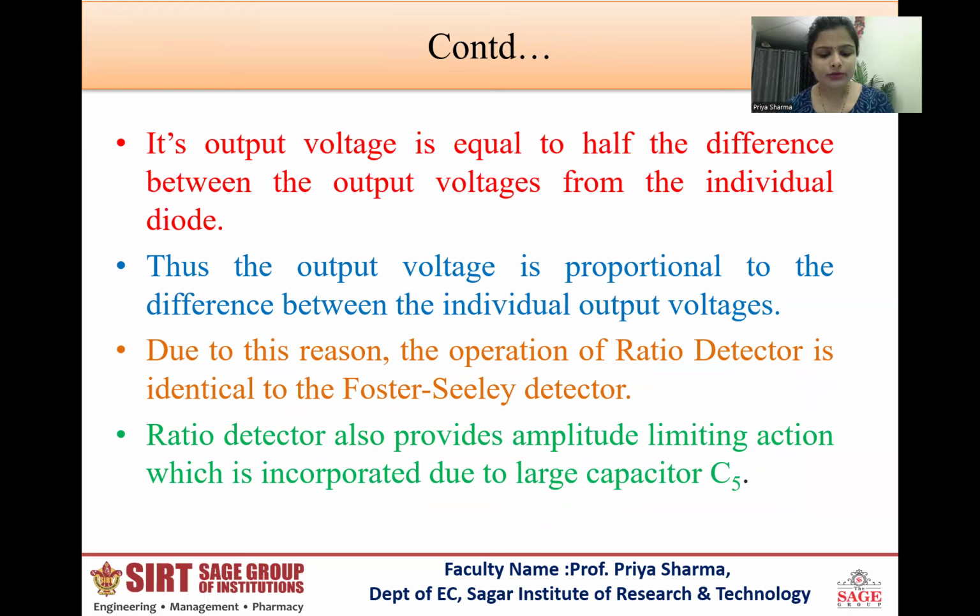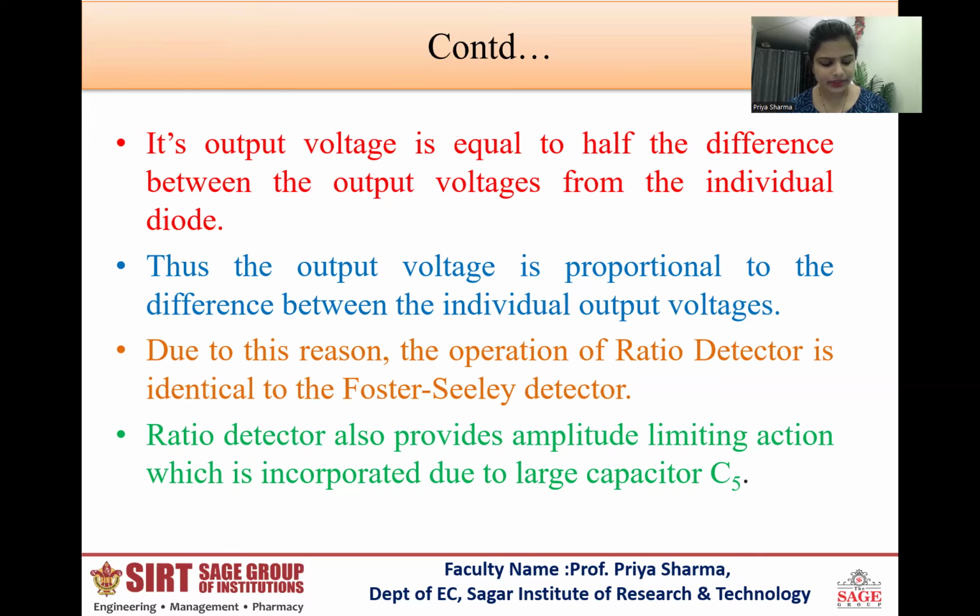The ratio detector output voltage is equal to half the difference between the output voltages from the individual diodes. Hence, similar to the phase discriminator or the Foster-Seeley discriminator, the output voltage is proportional to the difference between the individual output voltages. Due to this reason, the operation of the ratio detector is identical to the phase discriminator. The additional feature of the ratio detector is the amplitude limiting action, which is incorporated due to the large capacitor C5.